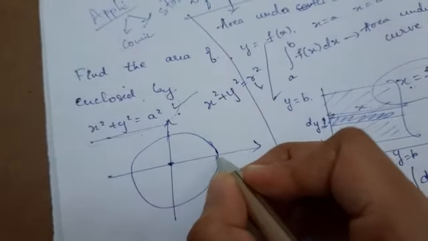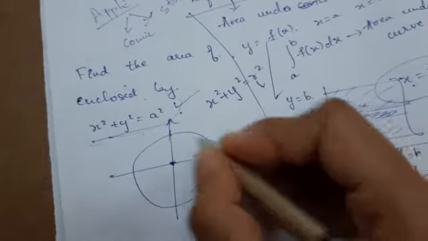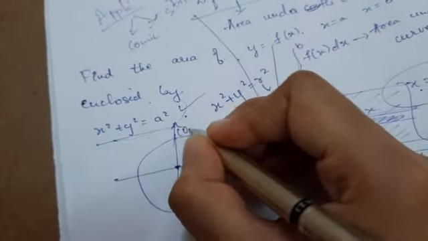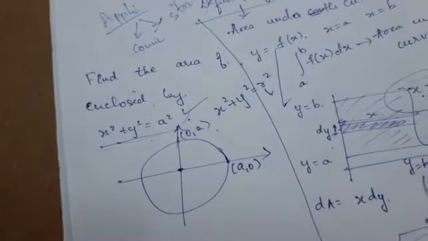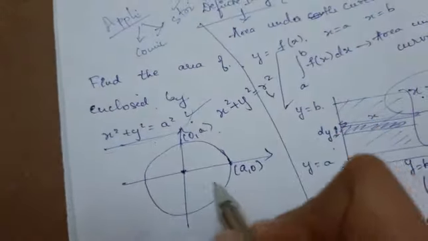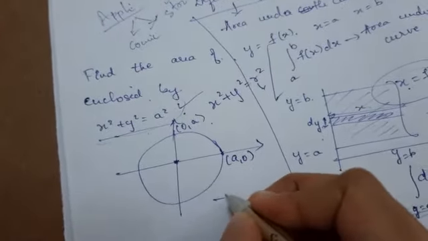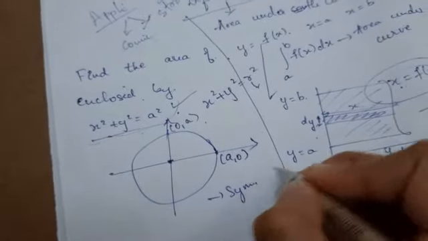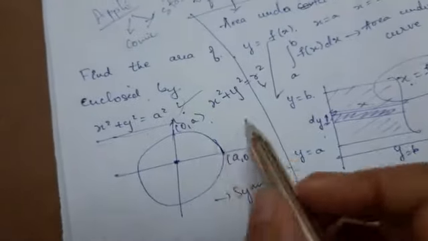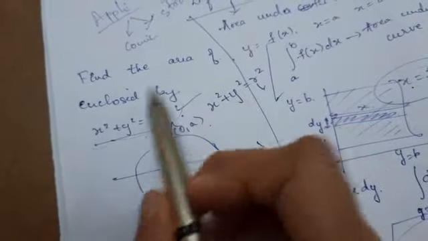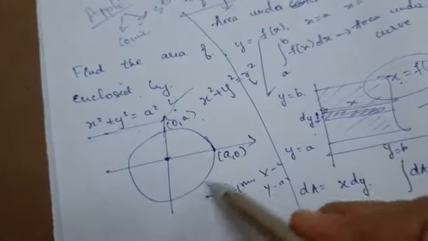Since the radius is equal to a, this point is a comma 0, and this point is 0 comma a. So these are the points we will come to know. Since the circle's center is at the origin, clearly it is symmetric about the x-axis, the y-axis, as well as the origin. Here we need to find the area enclosed by this curve, so we need to find the area of this whole circle.